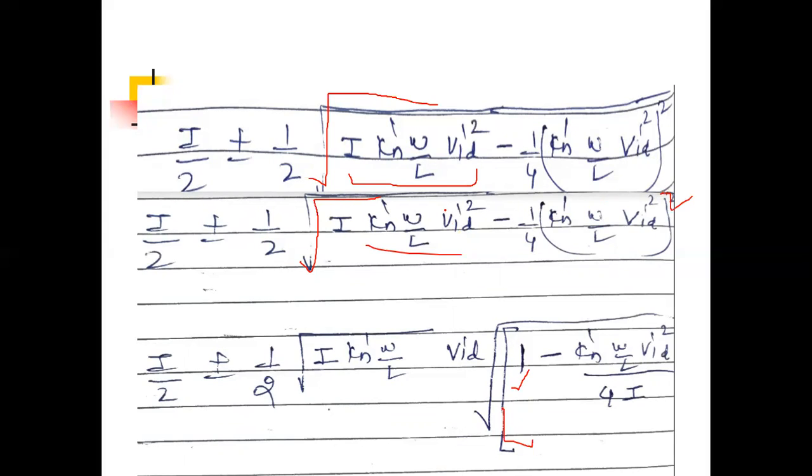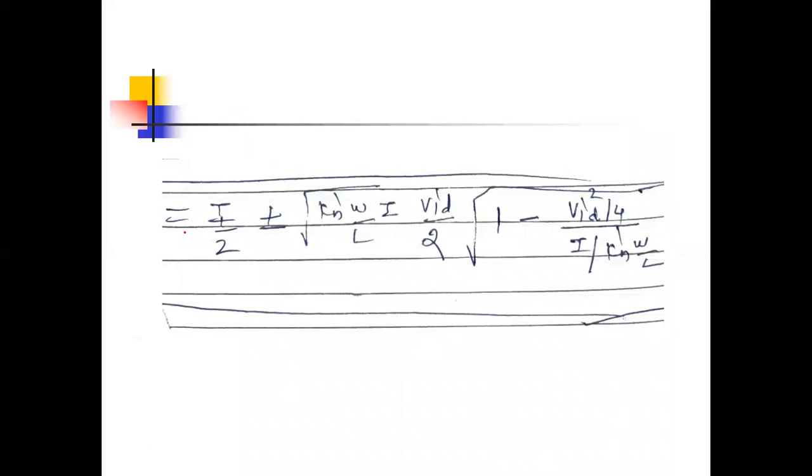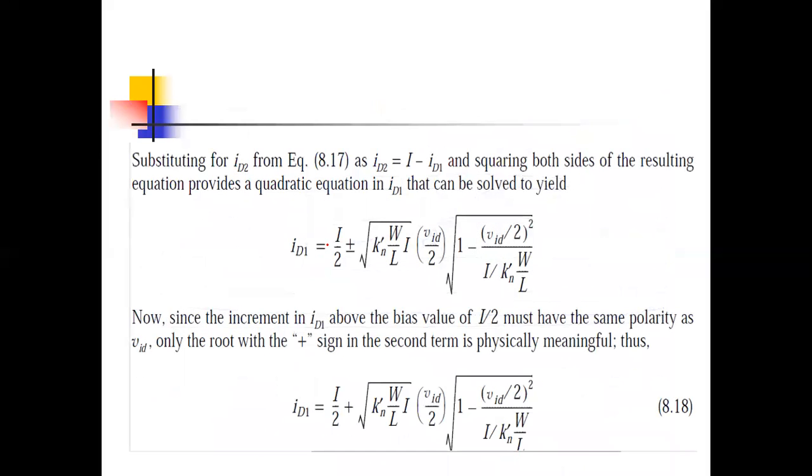So one term is taken common, so only one term will be here. So in this way, we have solved the equation of id1. So id1 is basically I upon 2 plus minus under root I kn dash w by l vid by 2 under root 1 minus vid upon 2 upon I upon kn dash w by l.